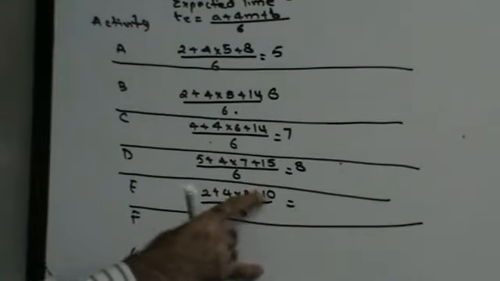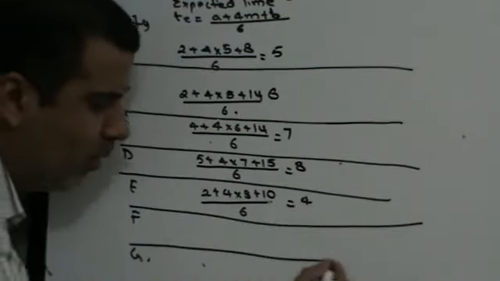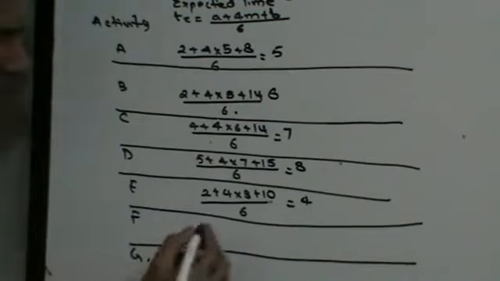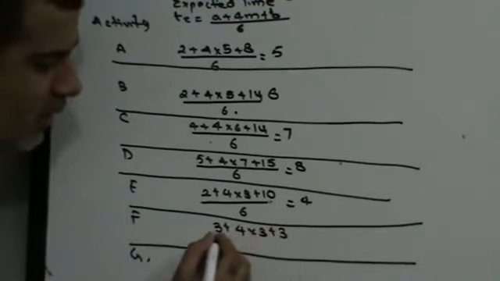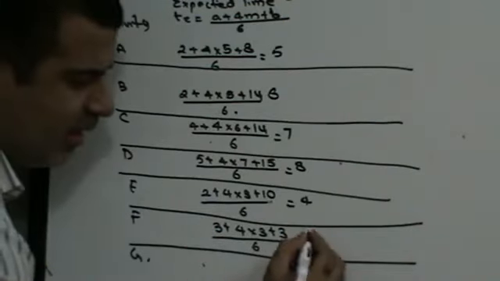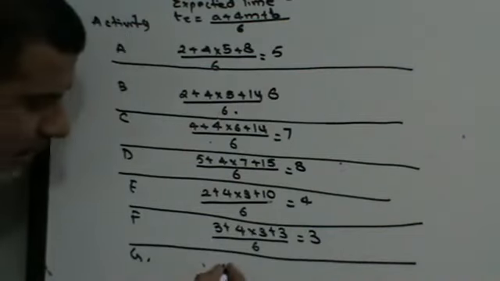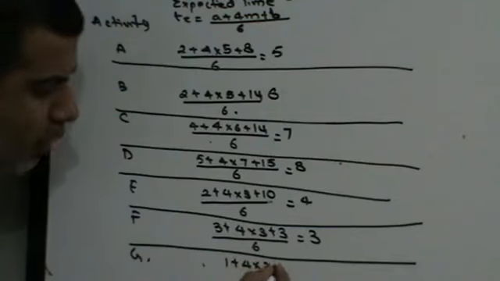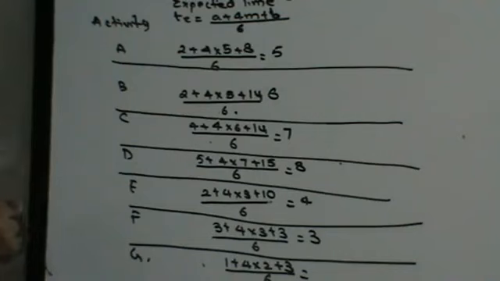Right, 4 3s are 12, 14, 24. 6 4s are 24, that is 4. For activity F, it is going to be 3 plus 4 into 3 plus 3 upon 6, 12 plus 6, 18. 18 divided by 6, 3. For activity G, it is going to be 1 plus 4 into 2 plus 3 divided by 6, 12 divided by 6, 2. That's how you get your expected time.